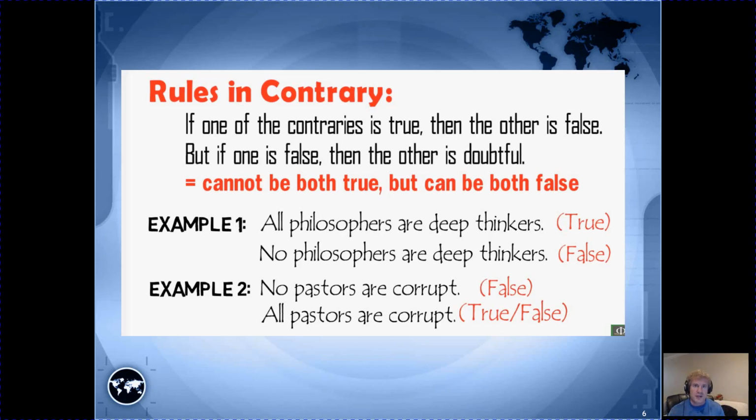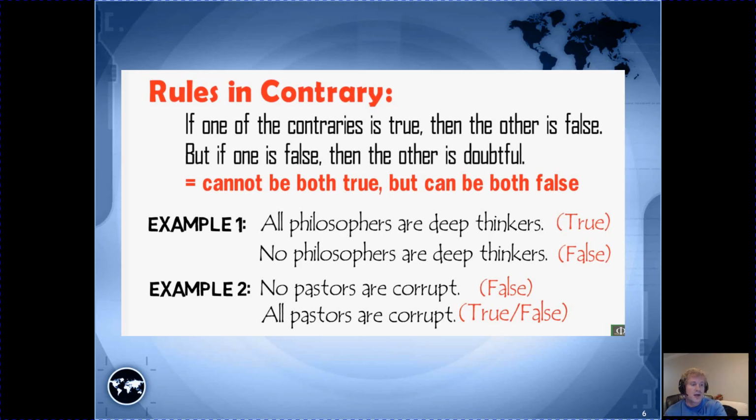And contrary is you have to look at if one statement is saying one thing and another statement is saying another thing, then one of these statements must be false. One of these statements must be false. Okay? And the other statement could be true, or it could be true or false.